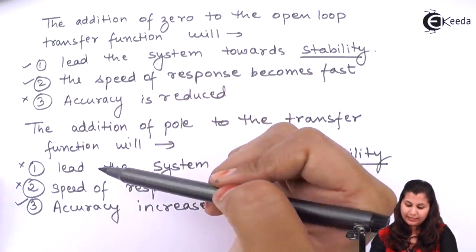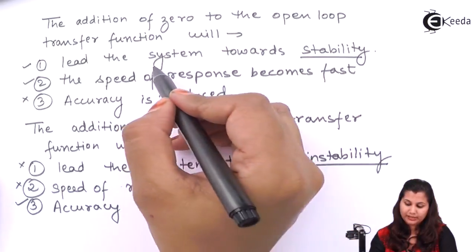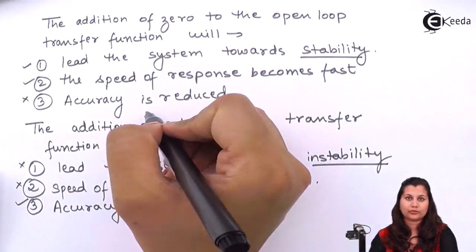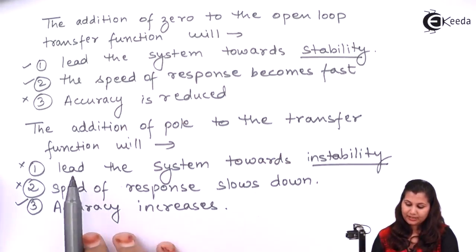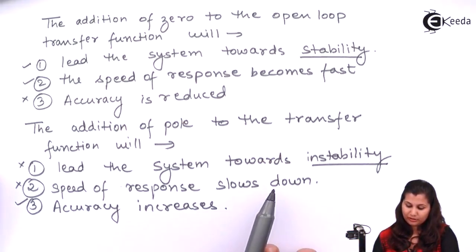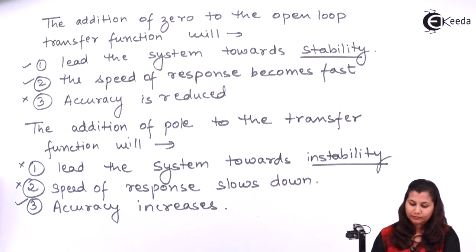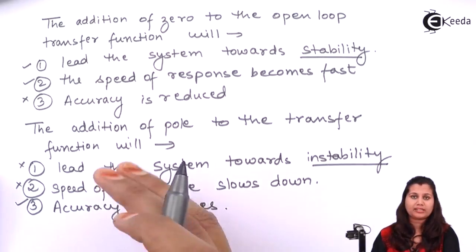So if we add a zero, the system is stable, the speed of response is fast, only accuracy is reduced. And in this case, the system is unstable, the speed of response is also slow, but accuracy is increased. So there are negative and positive points in both.